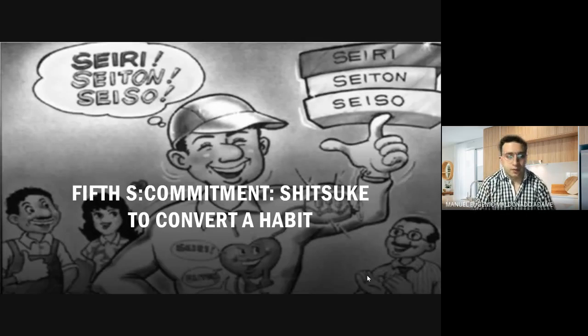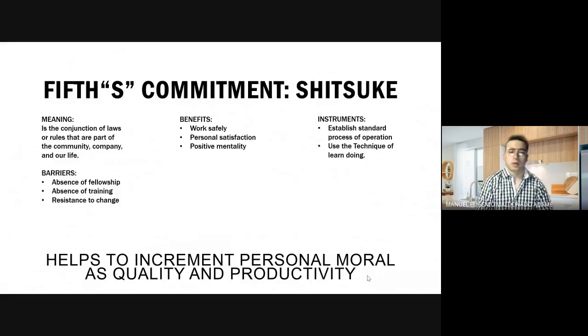And now the fifth and last S is commitment, Shitsuke, to convert all of this methodology into a habit. The main meaning of this is the conjunction of laws or rules that are part of the community, company, and our life.